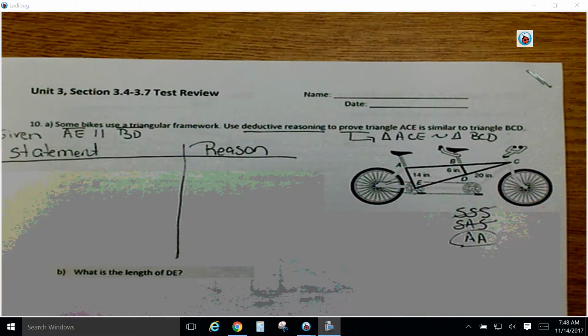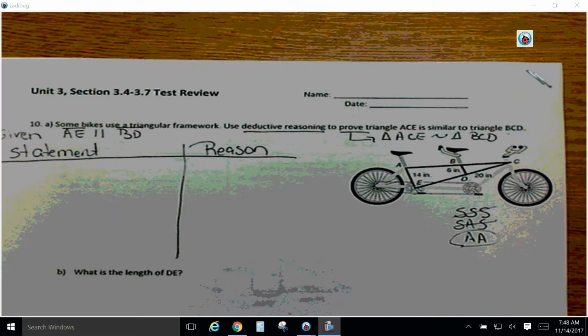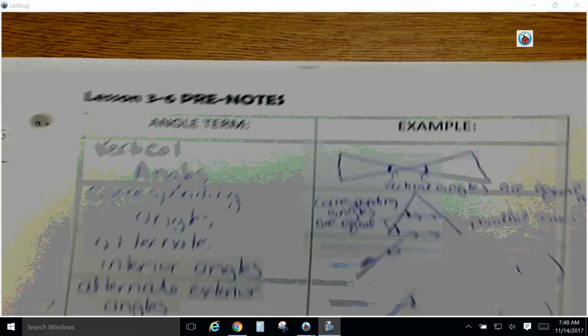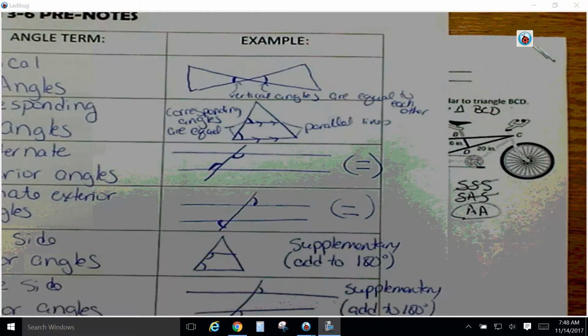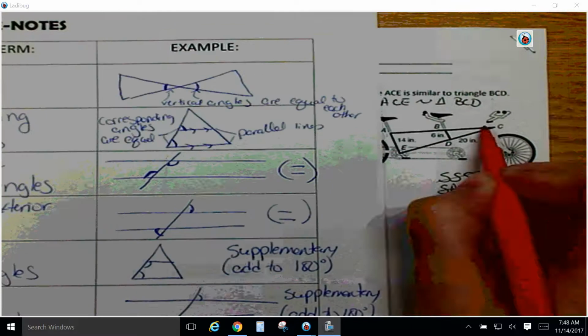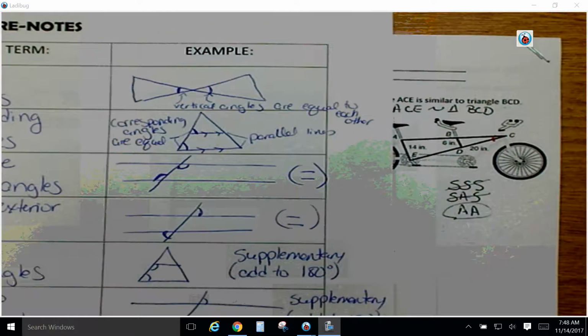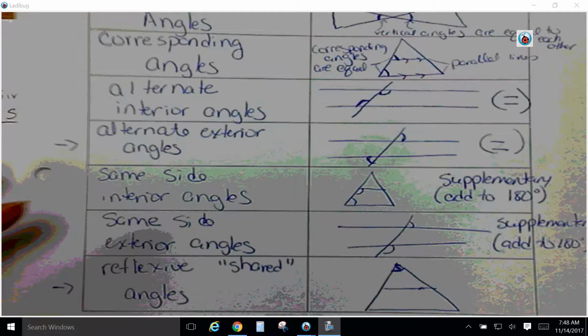So I have to try to find the angles that are similar. I'm going to go ahead and look at some of my notes to help me out here and see if I can find some angles that would help me. If I look right here, I'm going to notice that I have this angle here and that it is a shared angle. So the terminology for that is reflexive angles.